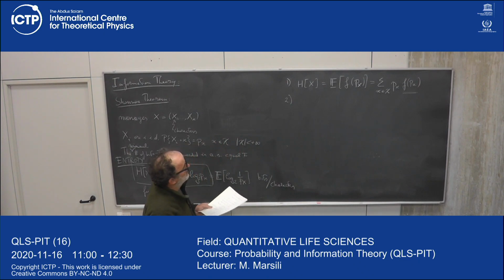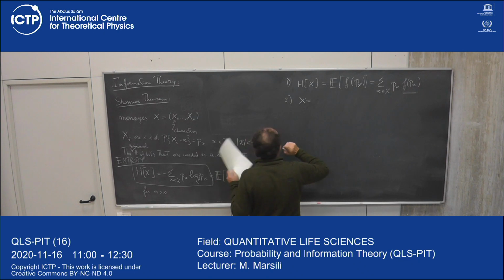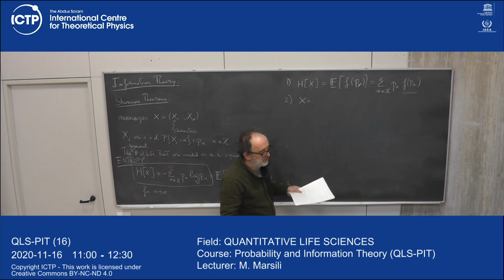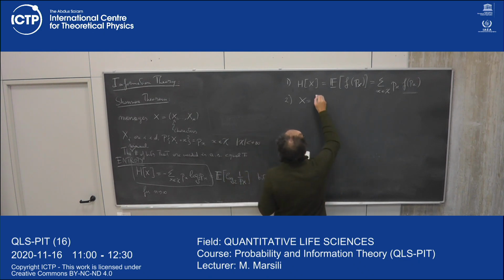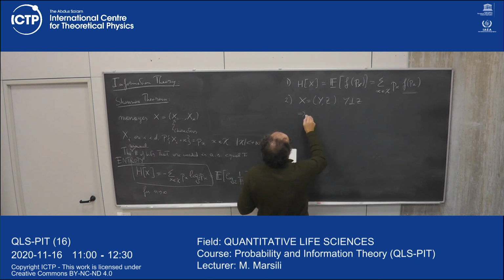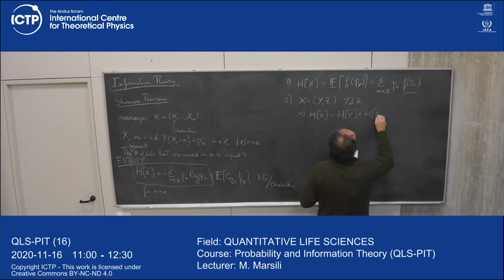Now the second requirement is that if Alice wants to ask a question which is actually composed of two completely unrelated questions, so if x is actually equal to y and z, where y and z are independent, then we want the entropy of x to be equal to the entropy of y plus the entropy of z. Why?